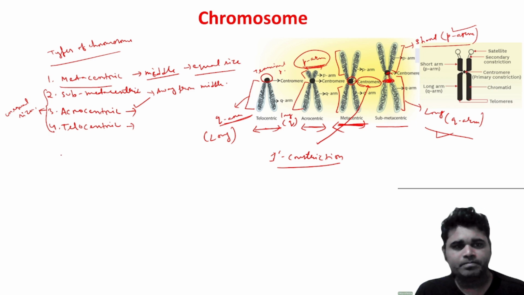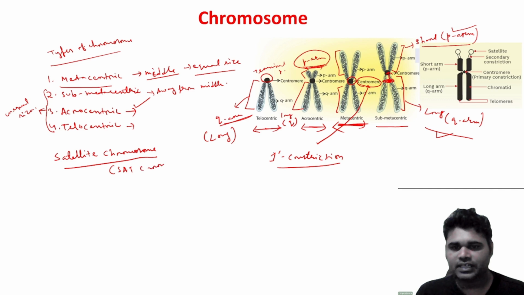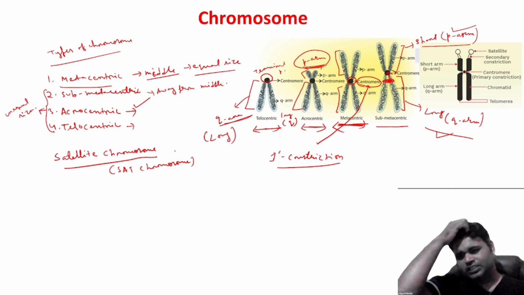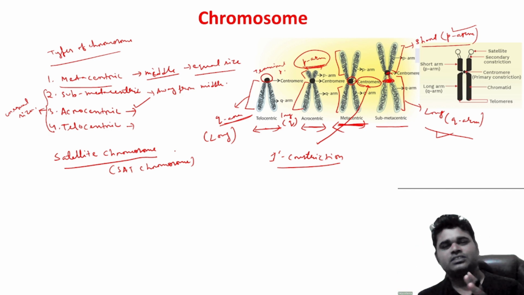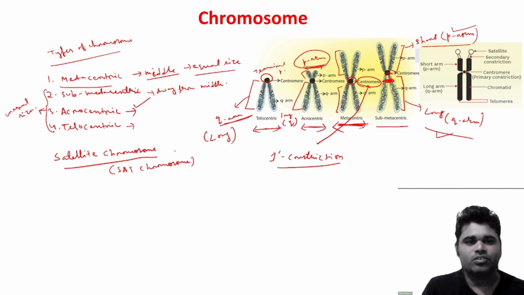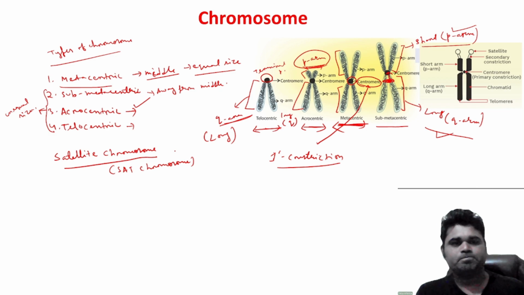Another chromosome type is called the satellite chromosome, or SAT chromosome, which is the same thing. So what is the satellite chromosome? One is the ordinary chromosome and the other is the satellite chromosome. What is the difference between them?